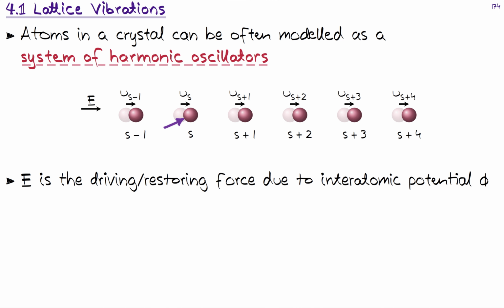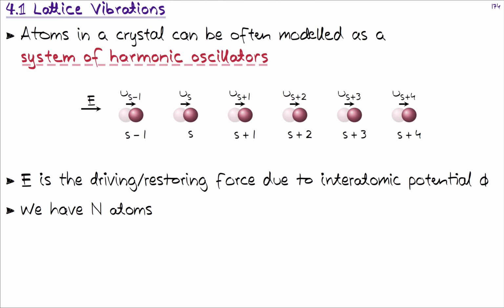And because of this, each atom in its equilibrium position feels some kind of equilibrium situation. And this equilibrium will be described with the interatomic potential phi. And this is the main ingredient that keeps the atom in place. And then if the atom is slightly moved out of this equilibrium, then it will feel a restoring force. And that's what we will be looking into next.